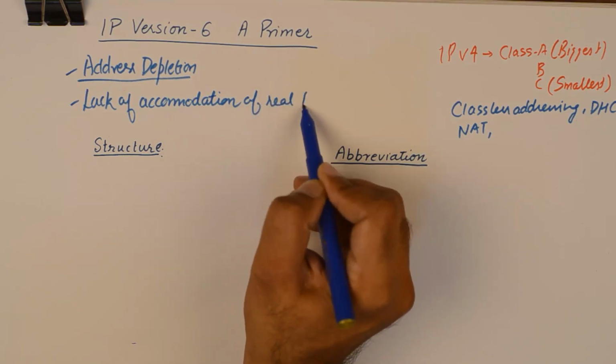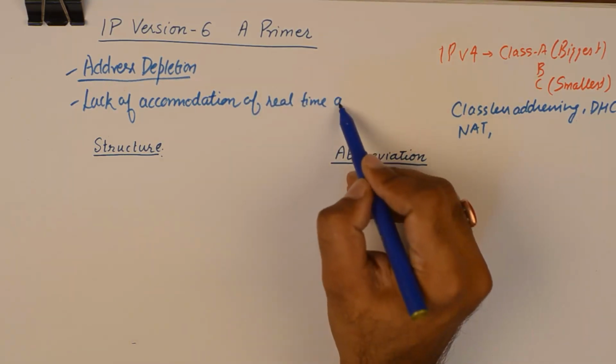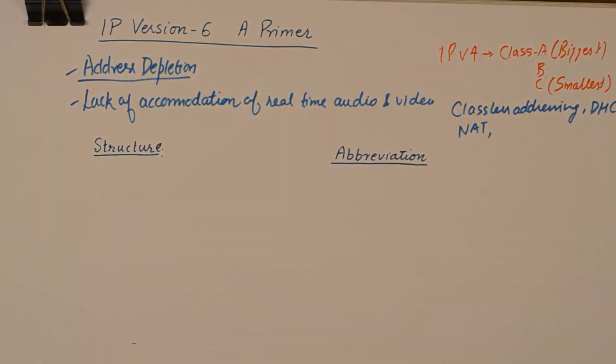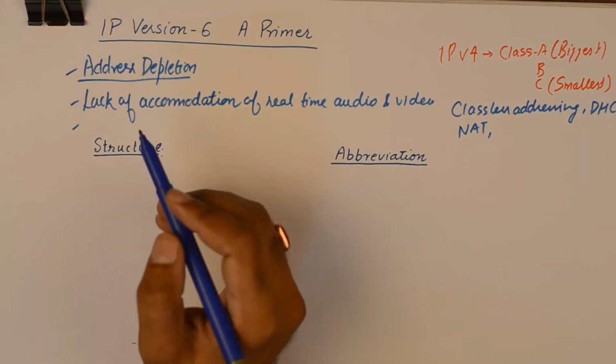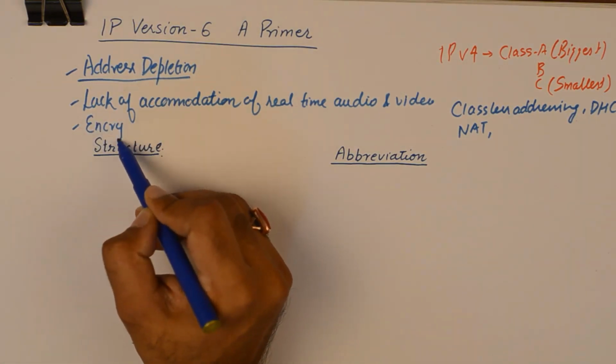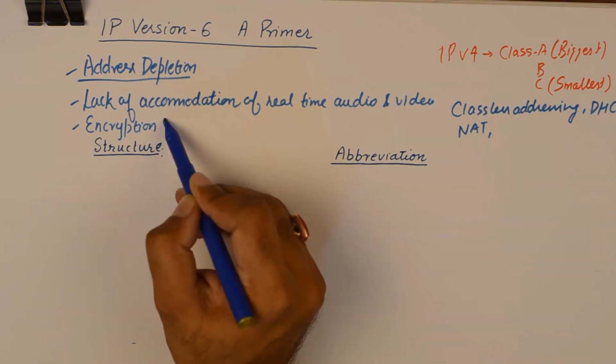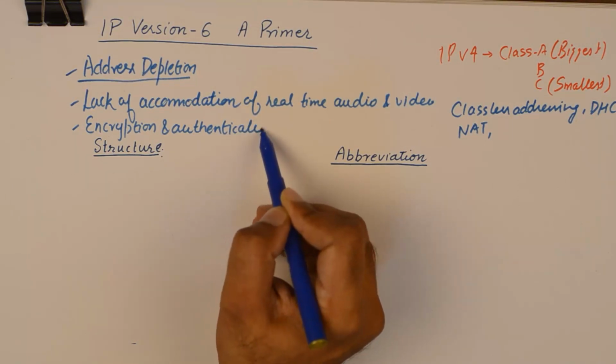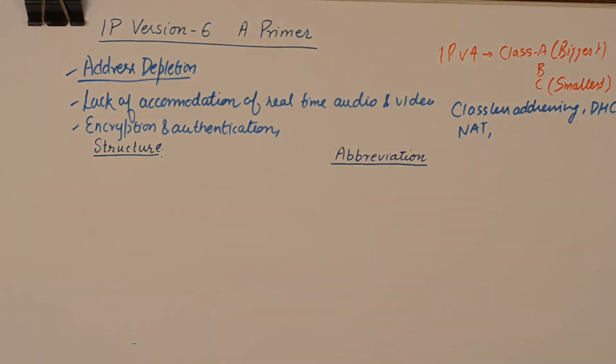Again, the third point was there were some issues in encryption and authentication. So these were the issues which actually motivated us for IP version 6.